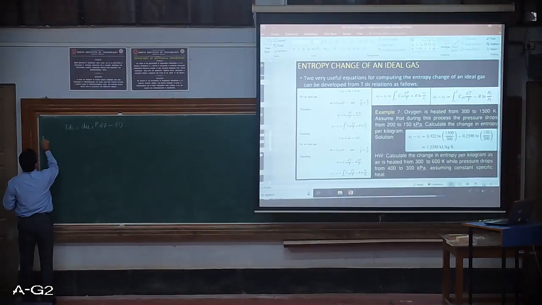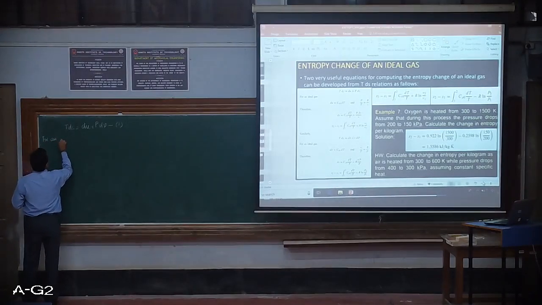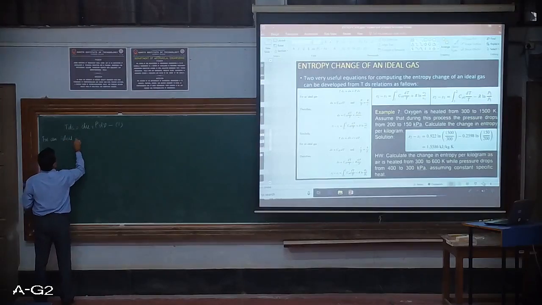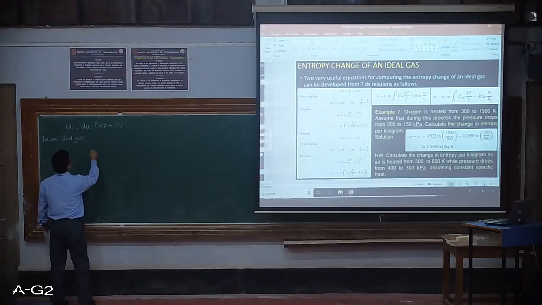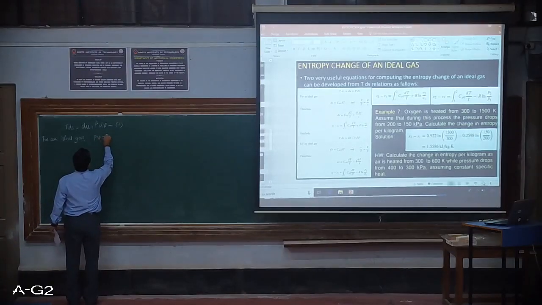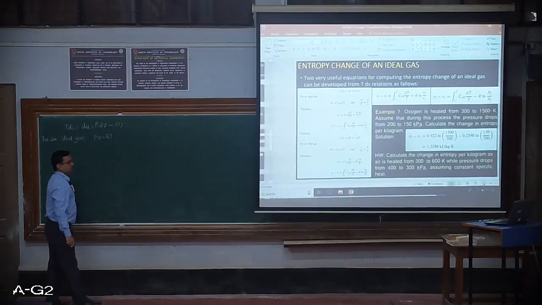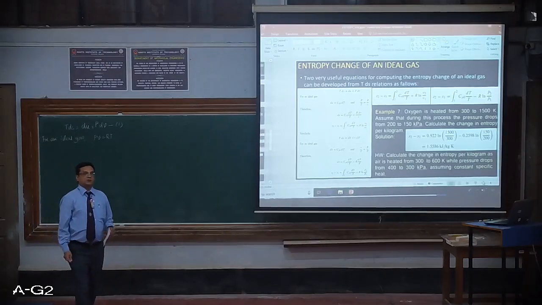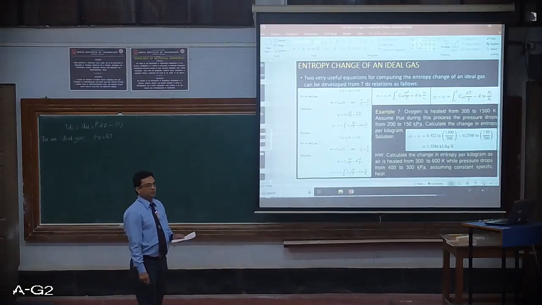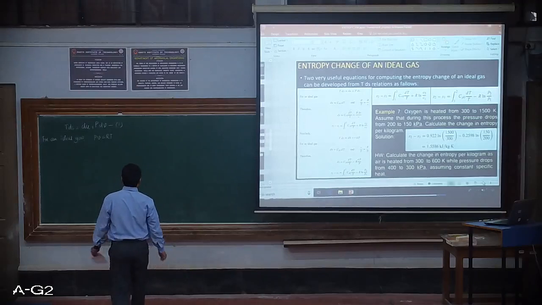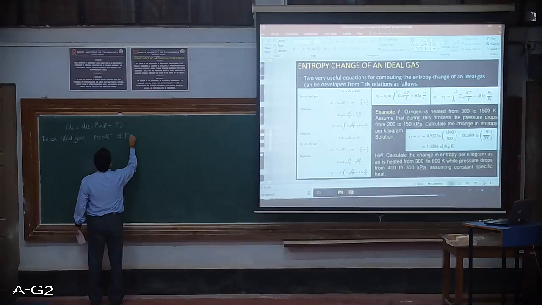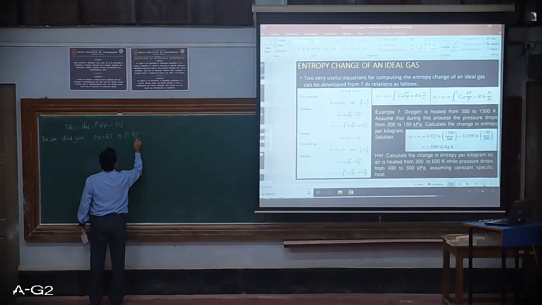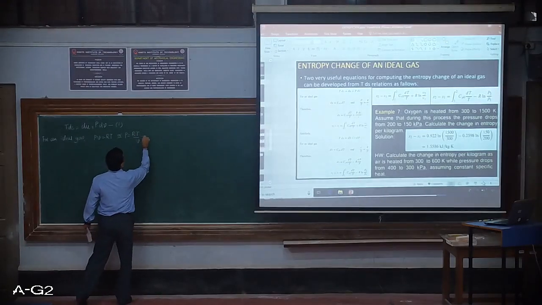Now for an ideal gas, we know that PV is equal to RT. Okay, PV equal to mRT. So V upon m becomes specific volume. So Pv is equal to RT. Or if I rearrange this a bit, P is equal to RT by v. So let this be my equation number 2.